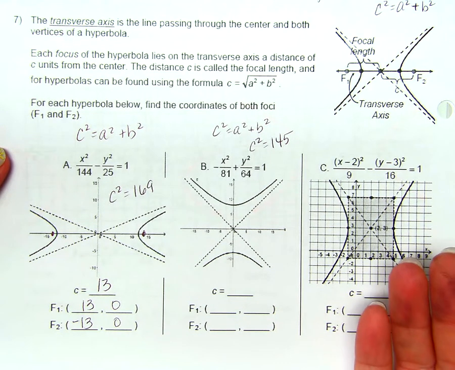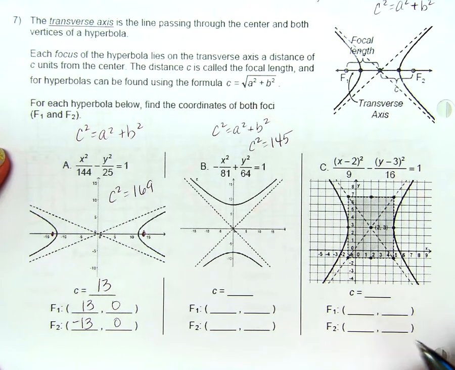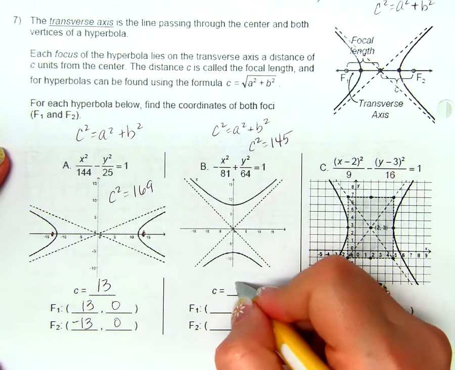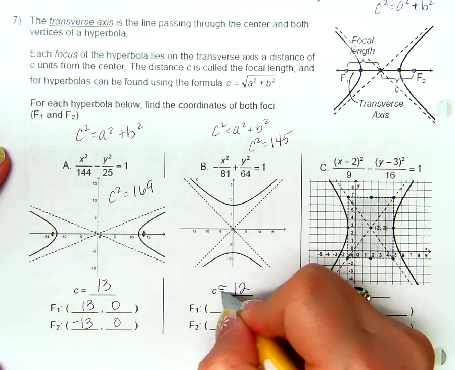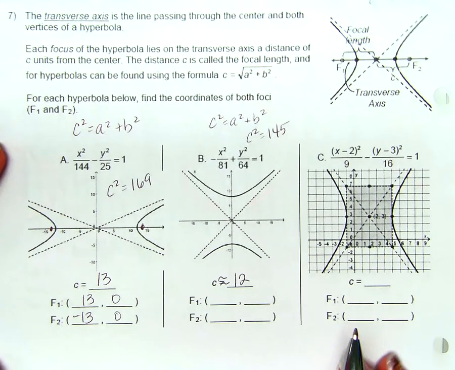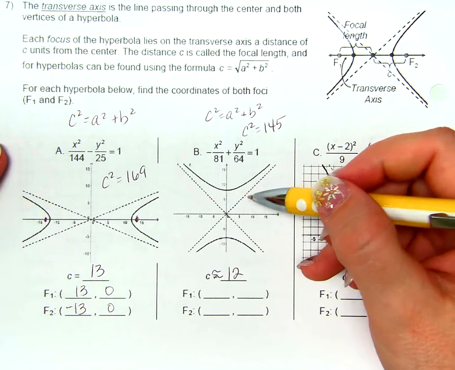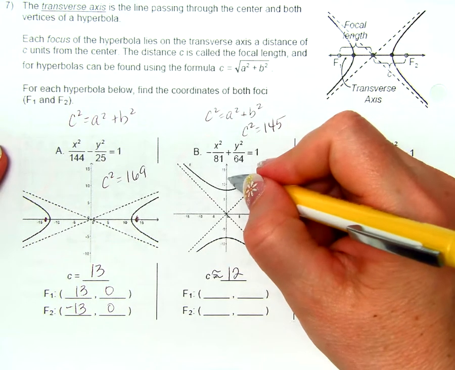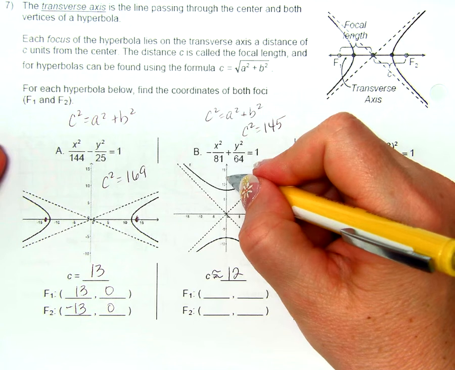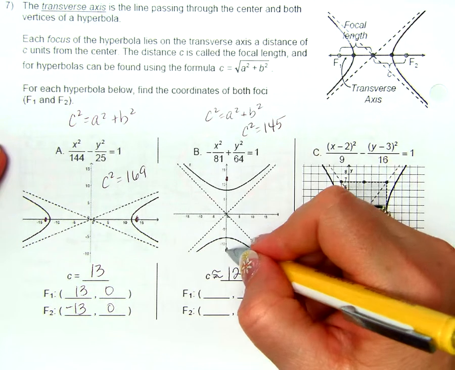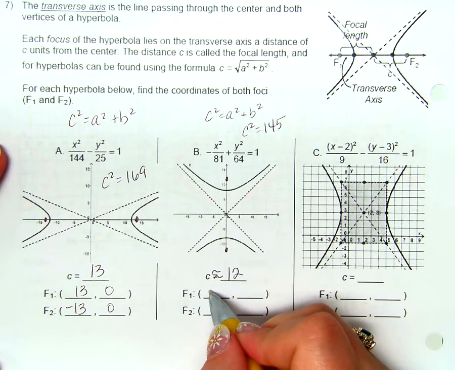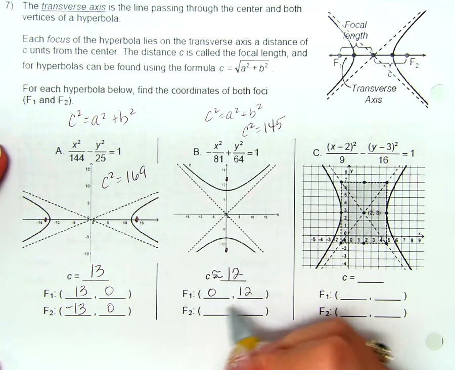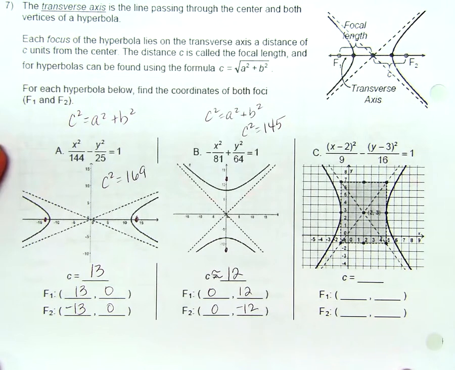Can we just say 12? Are you okay with that? I think it's like 12.04 or something like that. So c is approximately 12. Where are they this time, though? They're on the transverse axis, which puts them there and there. So where is that? Oh, good. 0, 12, and 0, negative 12, right?